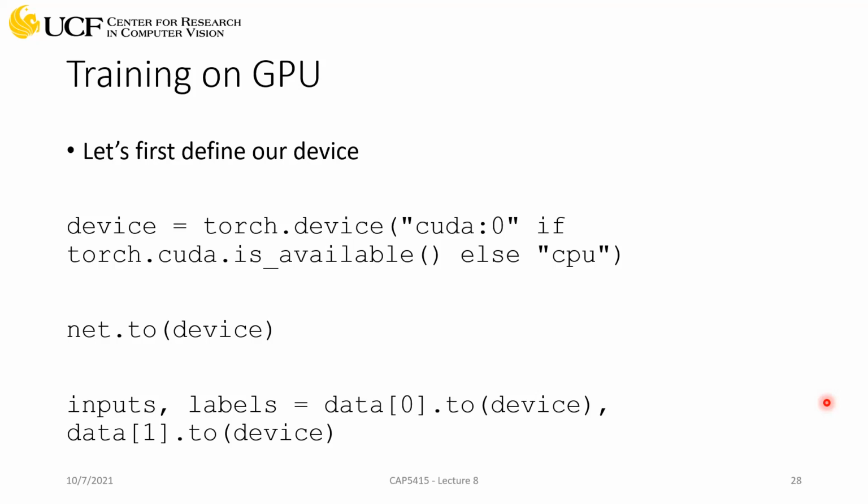Question from Sayed: should we consider CUDA cores when selecting workers? It has nothing to do with CUDA cores. It depends on your hardware, right? If in your hardware you have that many CPUs, you can. So it's all about parallel processing. If you have just one core, then it doesn't matter if you use 100 workers.